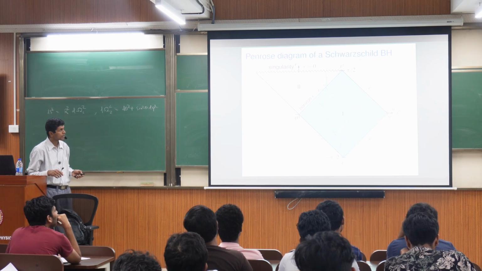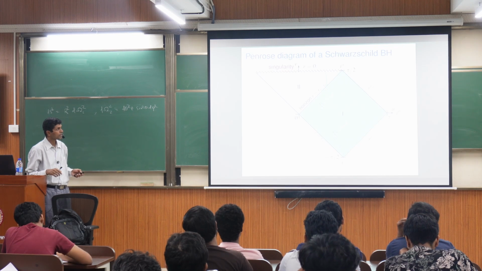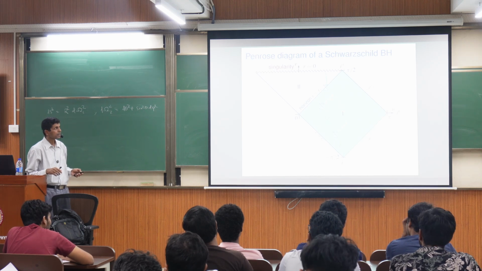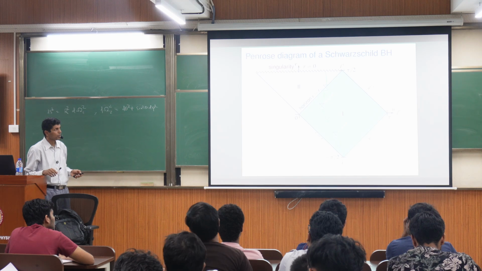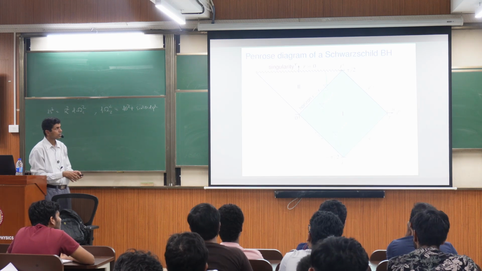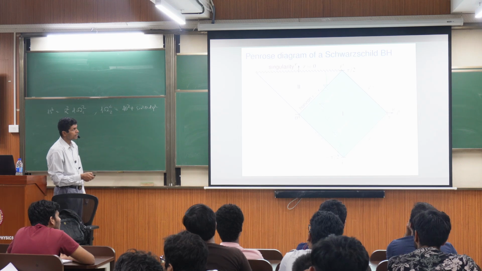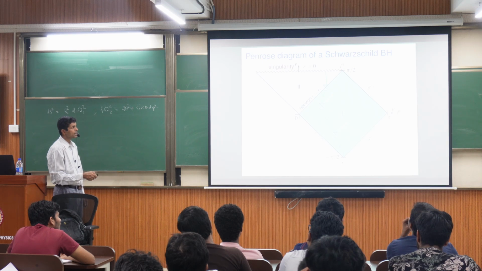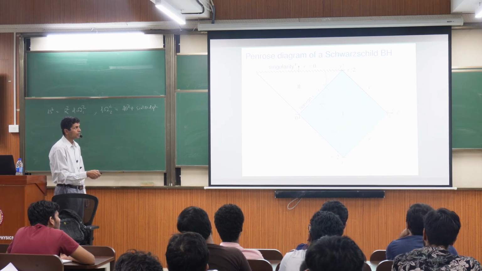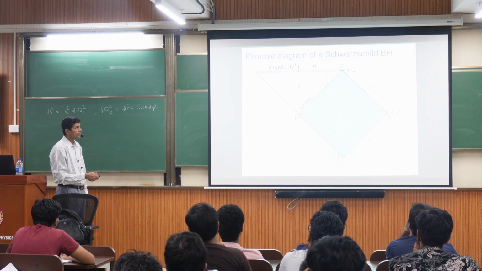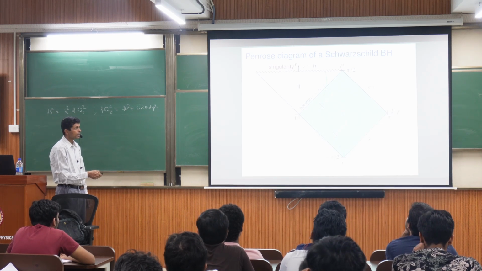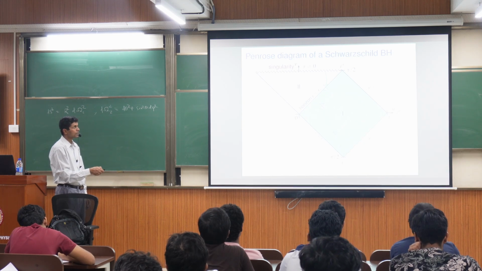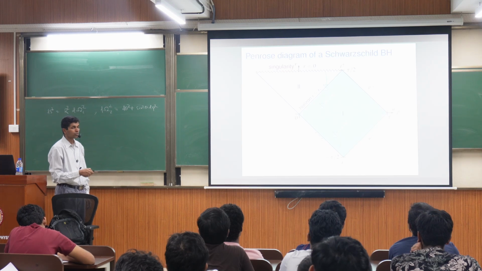And eventually, whenever you consider the trajectory of any particle, if it is outside the horizon, outside R equal to Rs, the particle can go to I equal to infinity, as it can go to spatial infinity. A light signal can go to Scri plus. But if you are inside the horizon, if R becomes smaller than Rs, eventually it hits this R equal to 0 singularity.